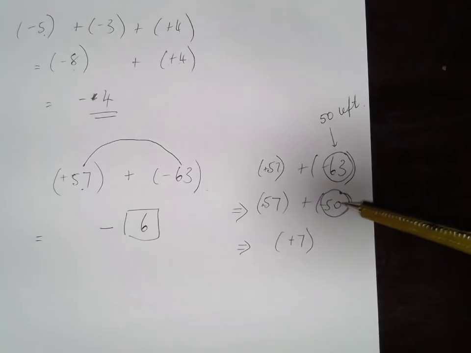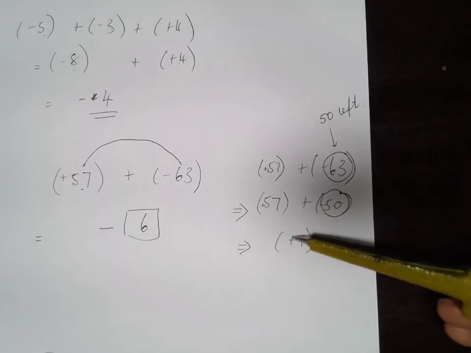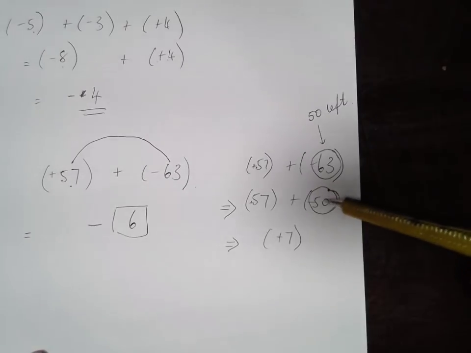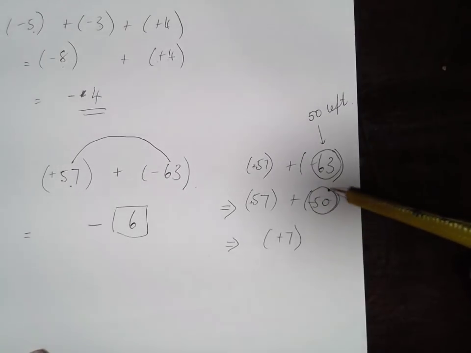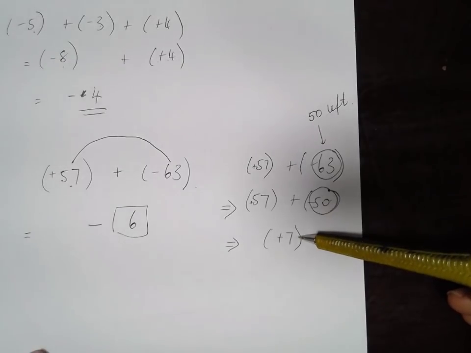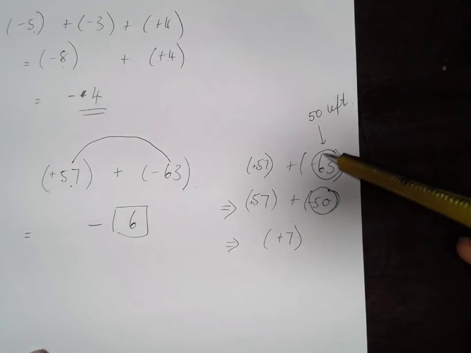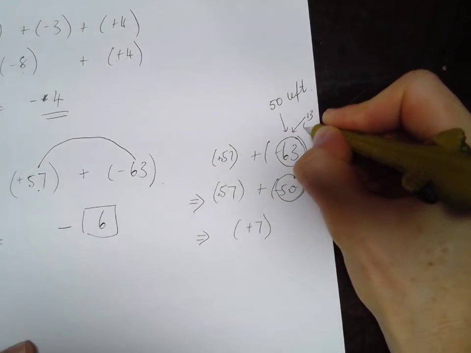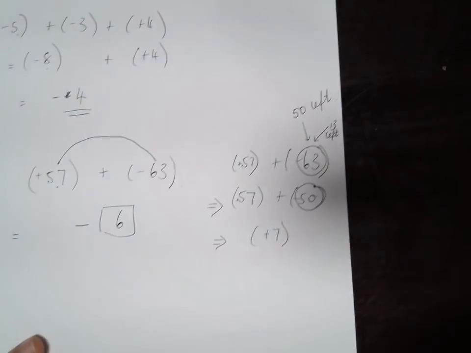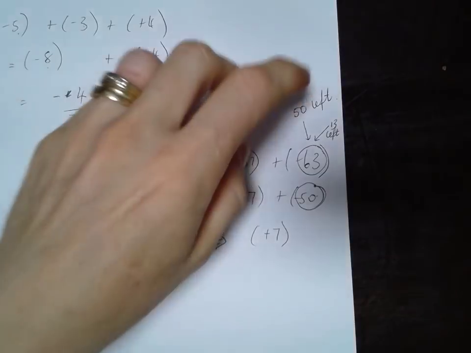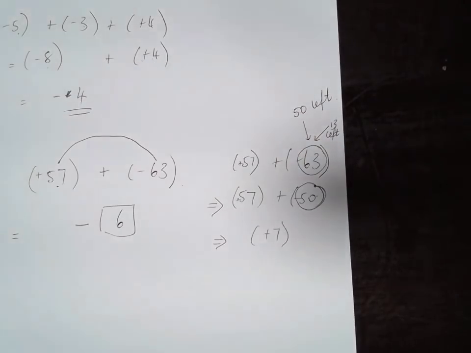We've gone 50 to get us closer to 0, and sometimes that's more workable once you're back closer to 0. So you go 50 to the left and we get to +7. How many do we have to go in total to the left? 63. So we have another 13 left that we have to go to the left. 50 and 13 gets us to 63.